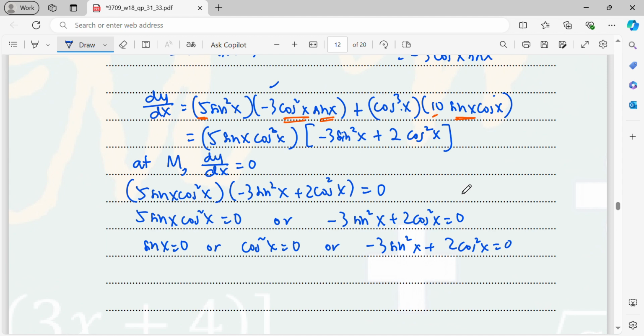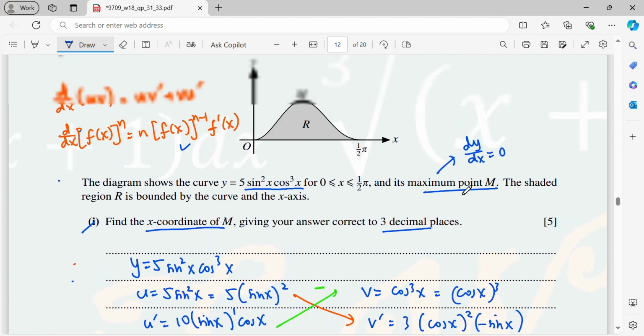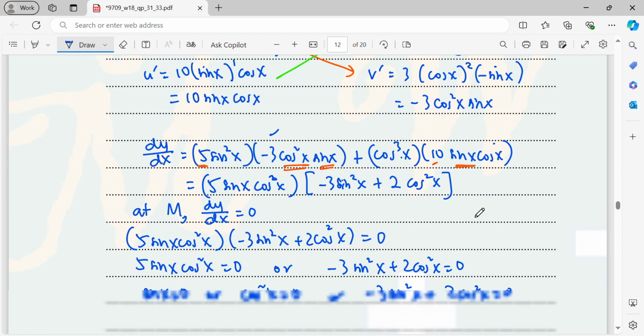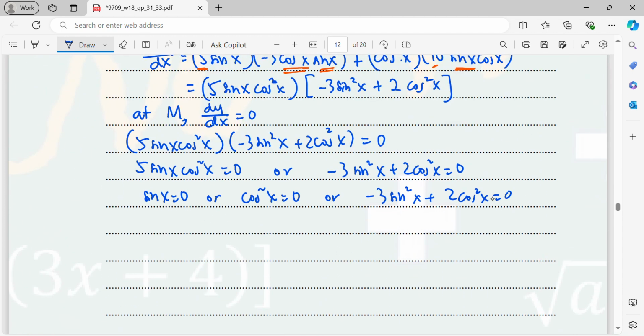Now look at the x values. The x is from 0 to half pi, and M is in between 0 and half pi. So when x is in between 0 and half pi, sin x equals 0. Now I refer to the sine graph.